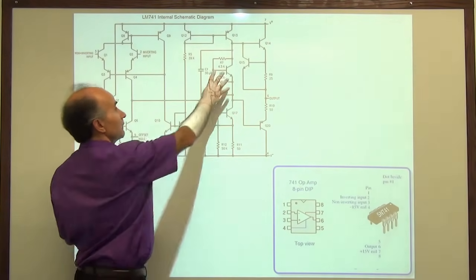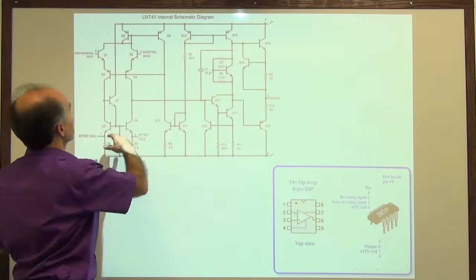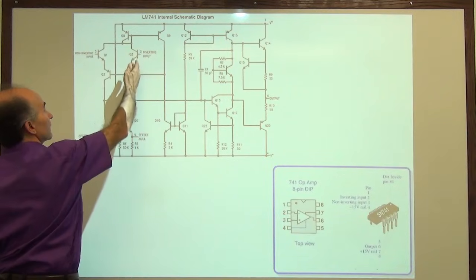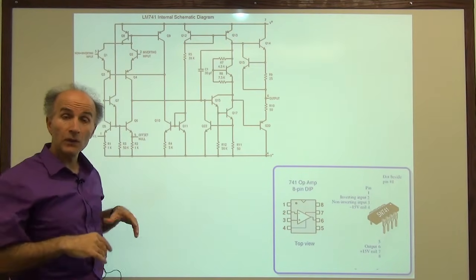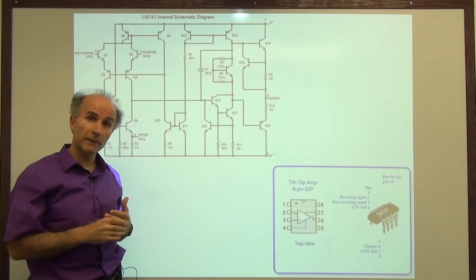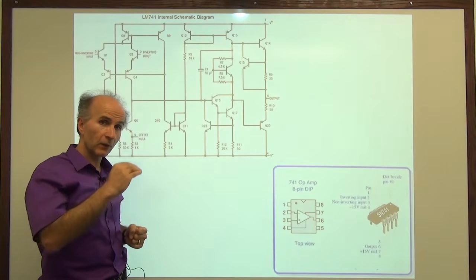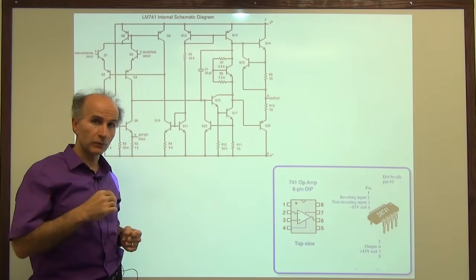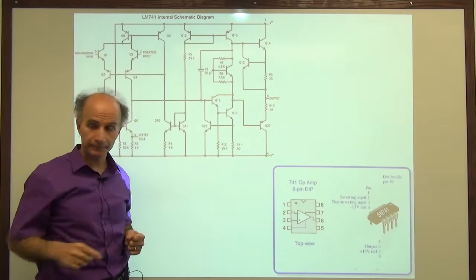This is called a VBE multiplier. This is called an emitter follower. This is called a differential pair, and so on. So all of these will become familiar, and we can understand what they do. It is this incremental approach that allows us to understand and feel how the circuits operate.